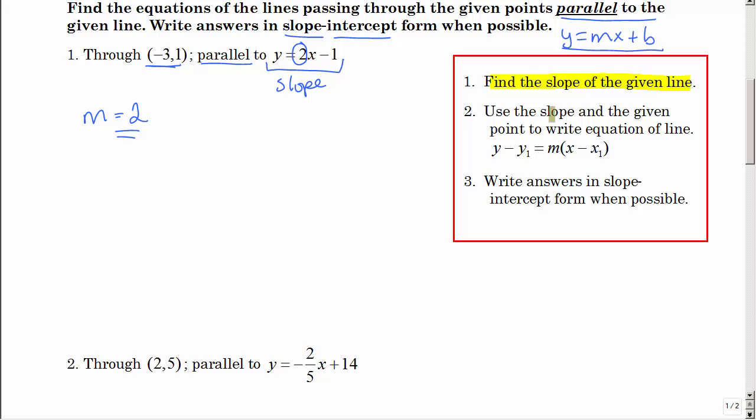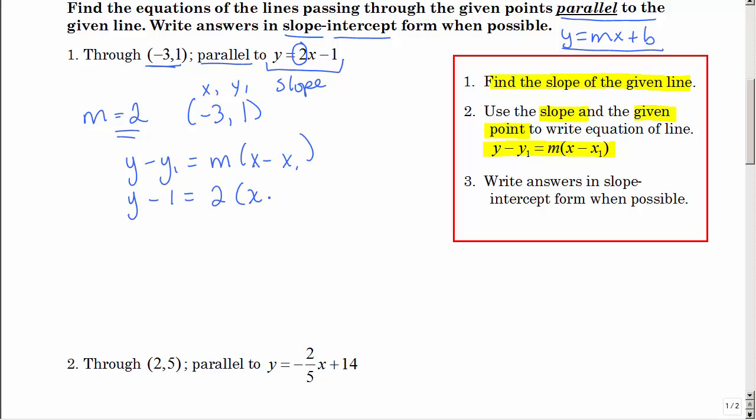The second step is use the slope and the given point to write the equation of the line using that formula. So remember, this is x1, y1, so we have y minus y1 equals m times x minus x1, filling in the numbers, minus a minus 3, that makes plus.